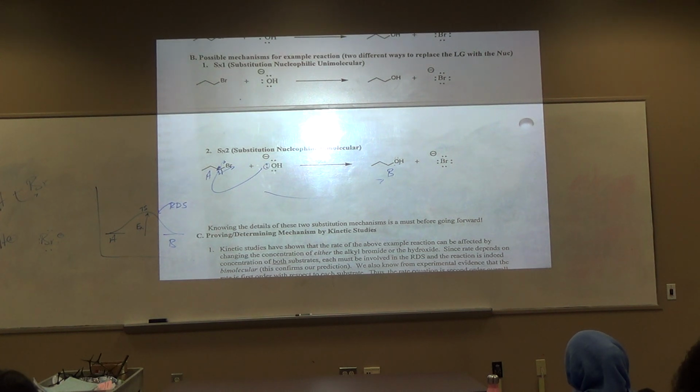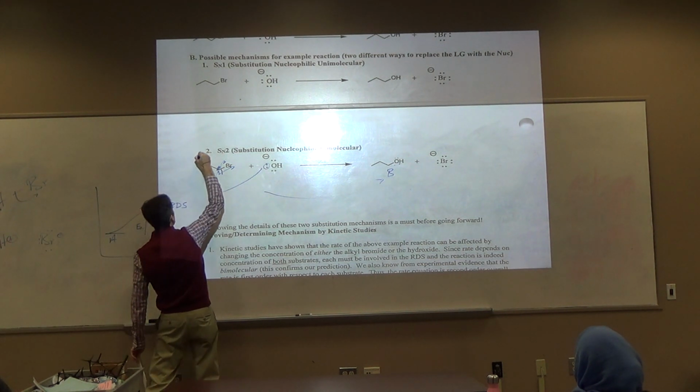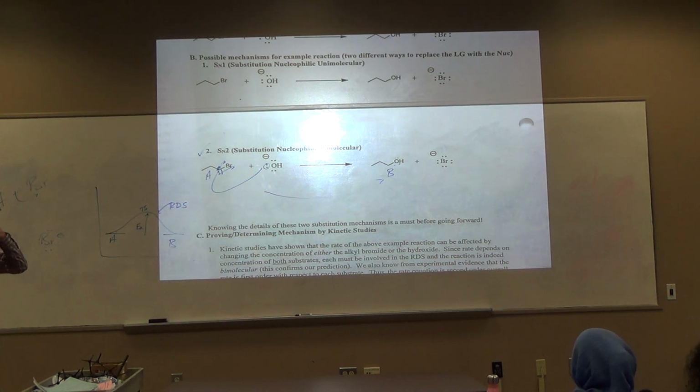Okay? Which mechanism do you like best for the example reaction here? SN2 is the one. Okay? Put an X over number 1. Put a check mark by number 2. Why? The main reason is that number 1 is bad because you never want to form a primary carbocation, at least unless you have to.